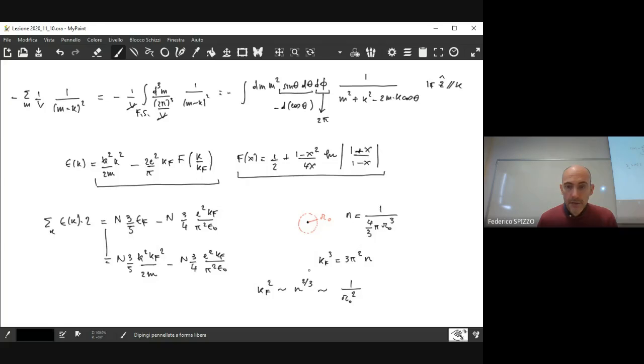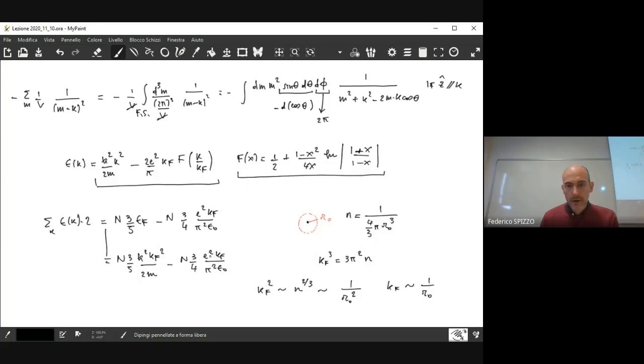For the same motivation, Kf is proportional to 1 divided by R0. So we expect that the first term scales as 1 divided by R0 squared, and the second term scales as 1 divided by R0.